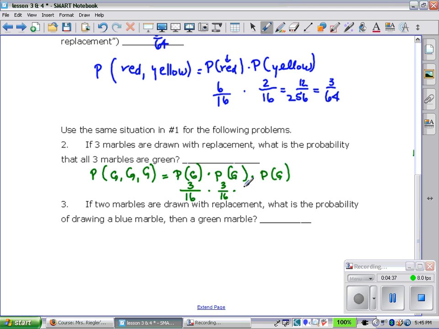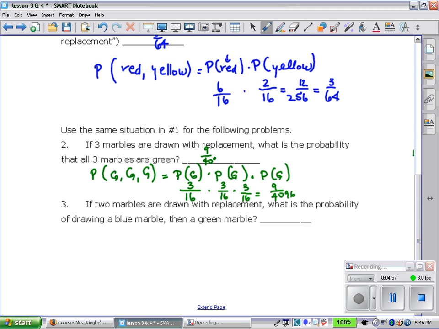And again, you put it back and draw again. There's a 3 out of 16 chance. Multiply those out, we get 9 over 4,096. And that cannot be simplified anymore.